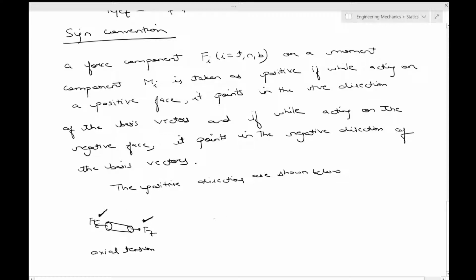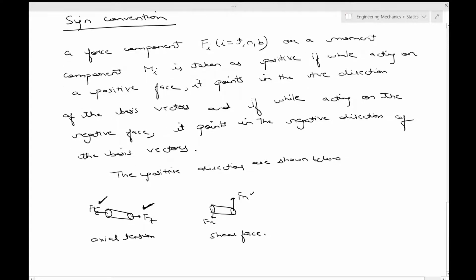Similarly, you can have a shear force Fn. They are also positive because it acts on the positive face and points in the positive normal direction, and on the negative face it acts in the negative normal direction, hence it is positive. Then you have Mt, the so-called twisting moment.